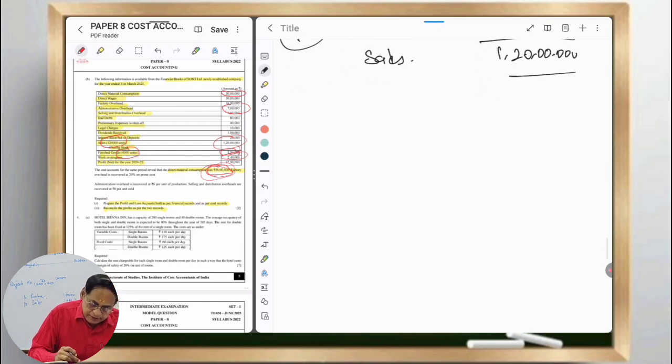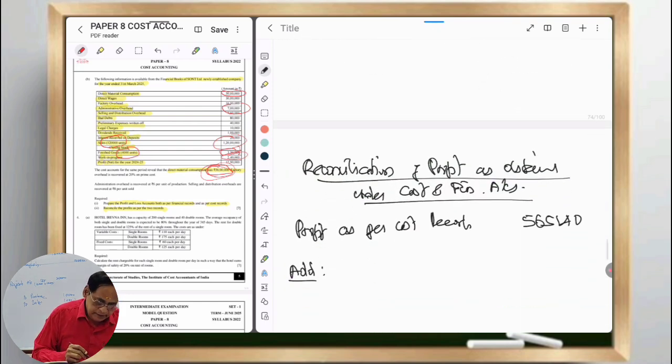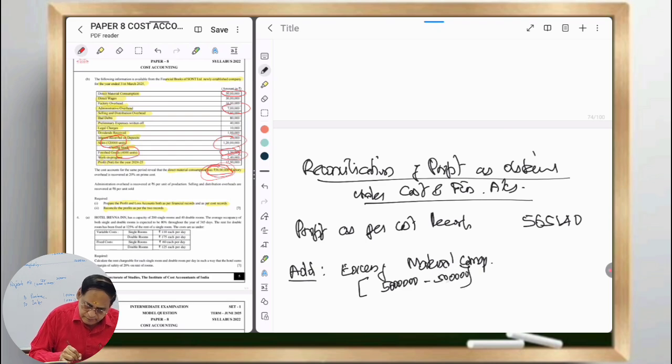So we have to add the excess of material consumption, 56 lakhs minus 50 lakhs, that is 6 lakhs rupees we have to add.